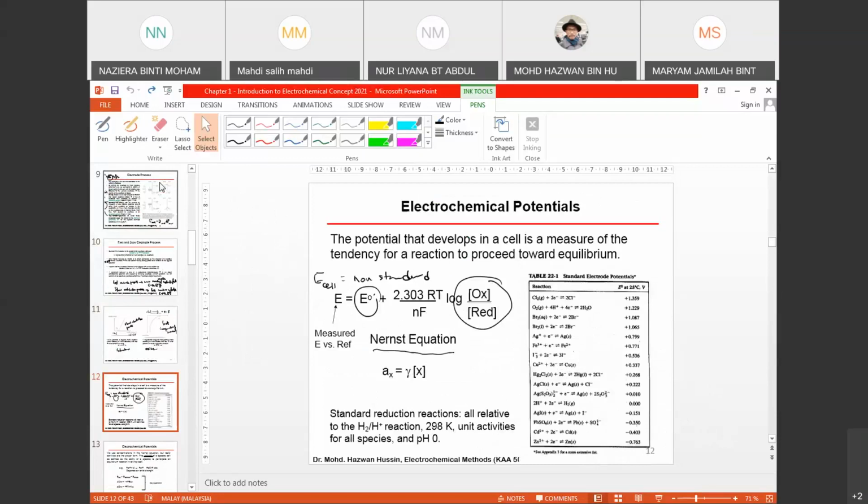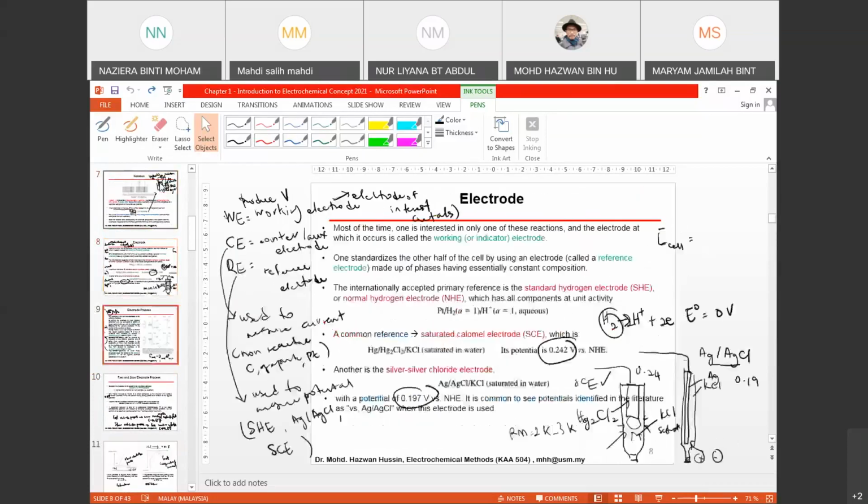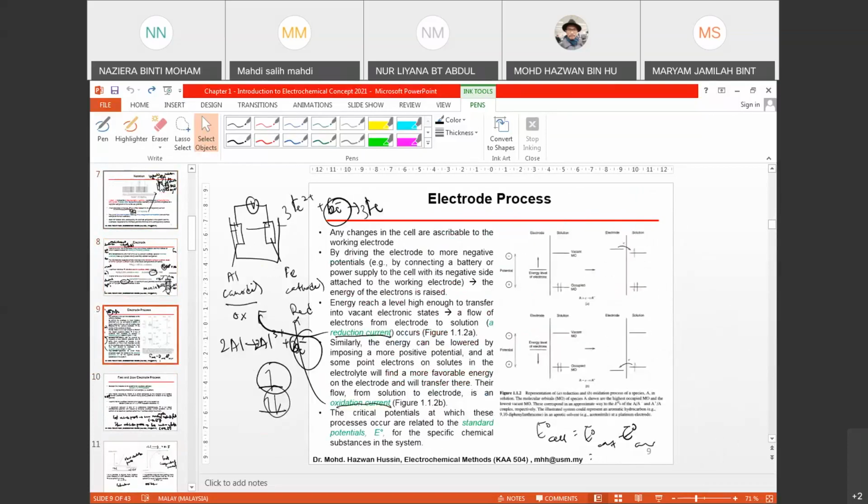Right. So today, we are going to look at electrochemical potential. Remember, last Tuesday, I told you that the overall cell potential, or E naught, will be calculated using this formula: E cell is equal to E naught cathodic minus E naught anodic.